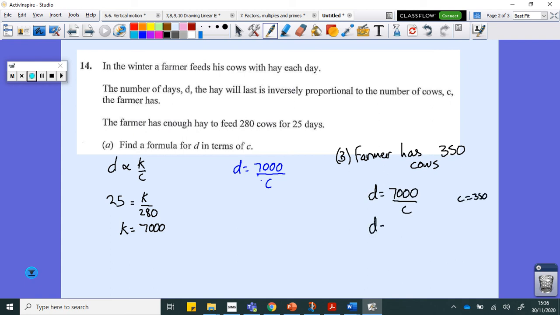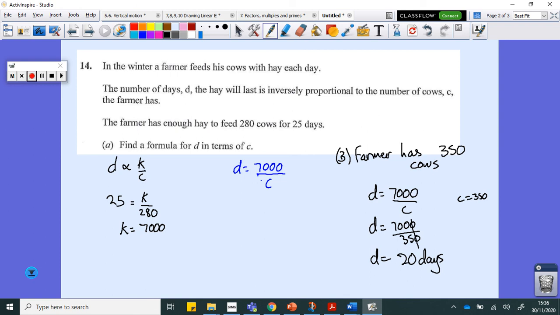So D is 7,000 divided by 350, so 700 divided by 35. That gives me 20 days. So with 350 cows, you can feed them with his hay for 20 days.